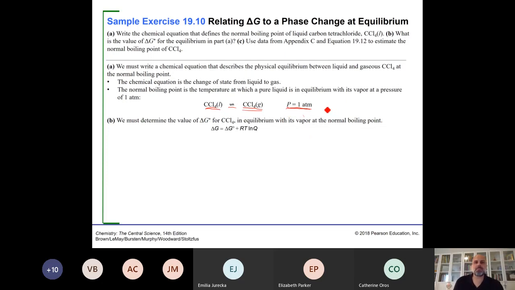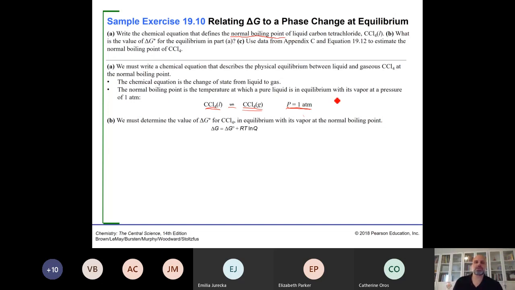The reason we know it's standard pressure is because the word they're using up here is the normal boiling point. The normal boiling point is the one being run at standard pressure.